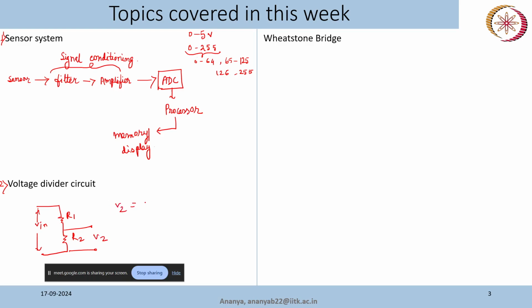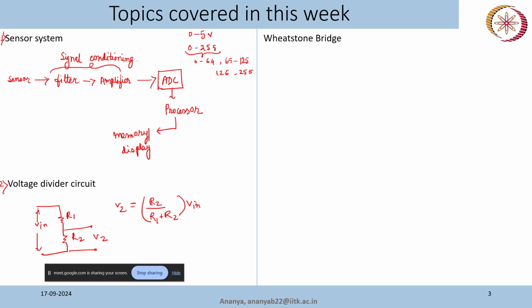V2 is equal to R2 by R1 plus R2 into V in.